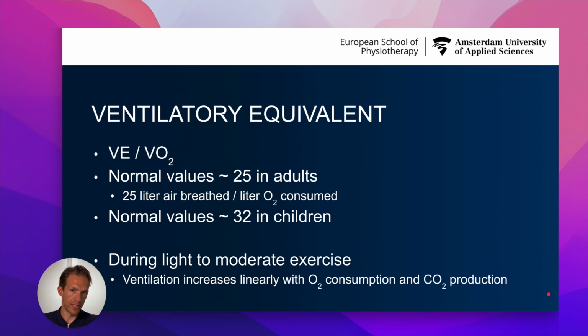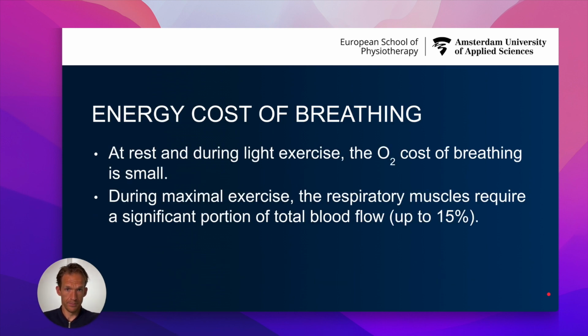And normally, there's a relatively linear increase if you look at the intensities. So if the intensity goes up, the consumption of O2 goes up, and that also is then matched by a linear increase in the ventilation.